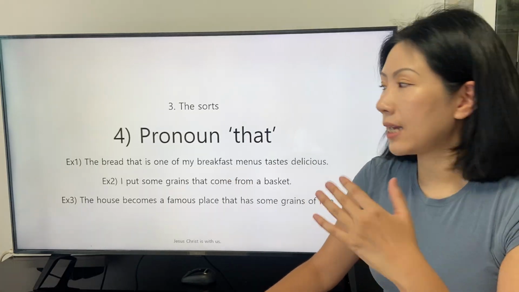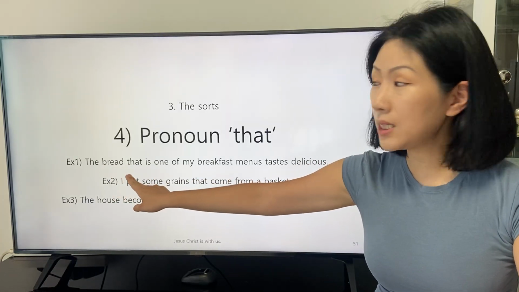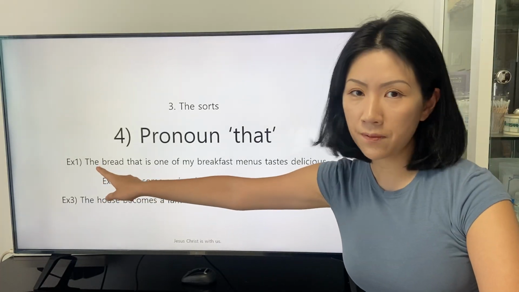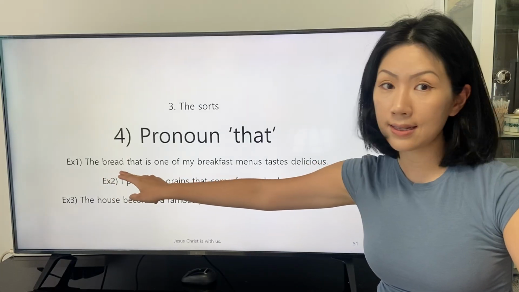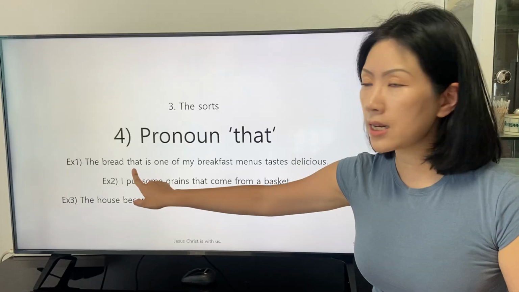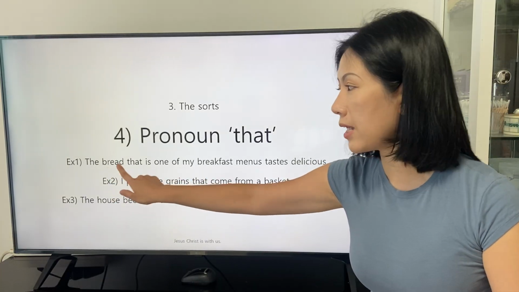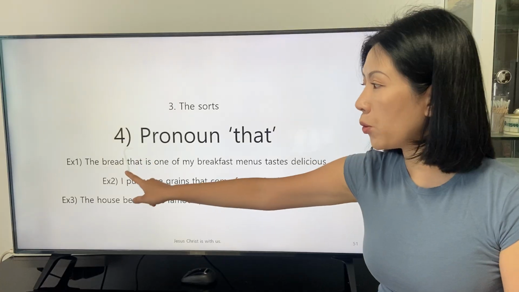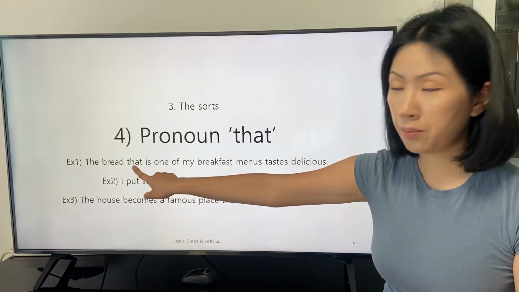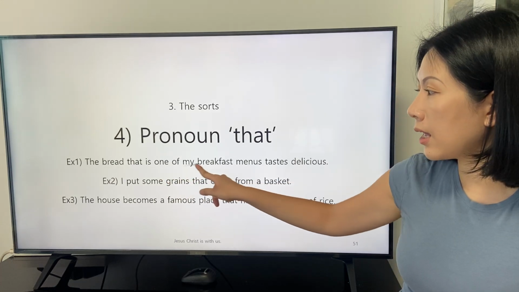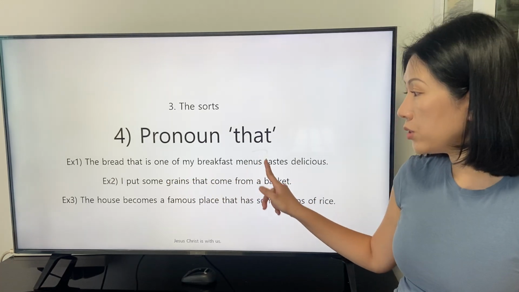So we can find that the precedent of the first example is the phrase of the general noun, the phrase of the material noun, the bread. And the pronoun that indicates the phrase of the material noun, the bread, as well in the subordinate clause. The subordinate clause starts from the pronoun that and lasts until this part, menus.